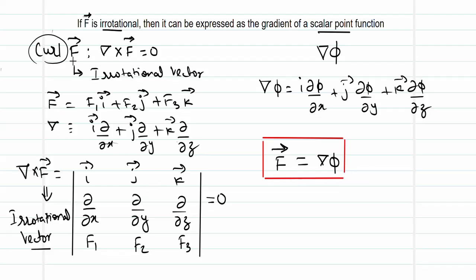This function phi has a special name: it is referred to as the scalar potential of the f vector. This is the task we are going to evaluate. Okay, we'll move on to apply this to a problem.